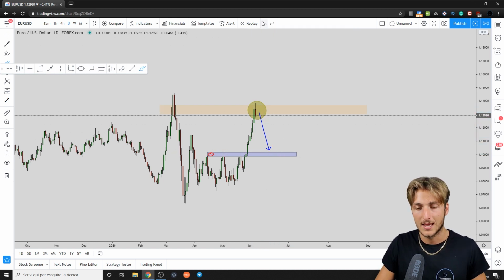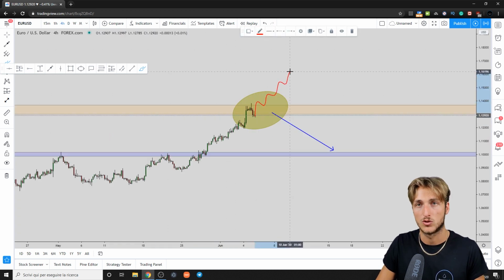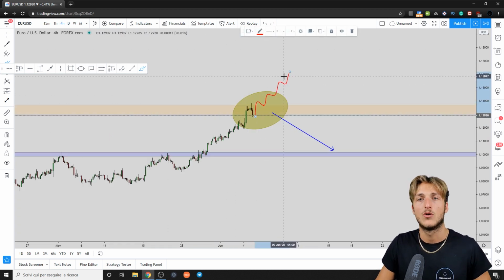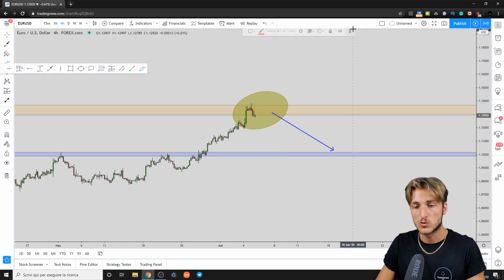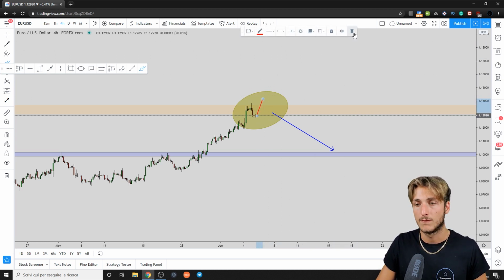On the other side, if everything remains bullish as it is right now, the market will just continue to the upside and we will not be looking for any shorting opportunity, because everything is bullish. So that is why you always have to wait on the 4-hour time frame for proper confirmations, because if everything remains as it is right now, we are not looking for any shorts.